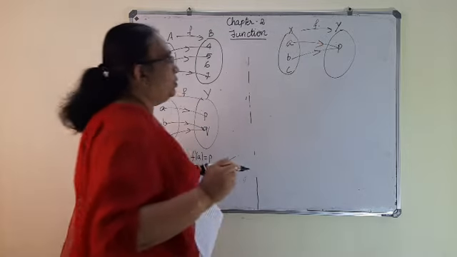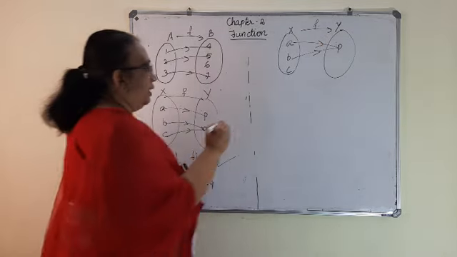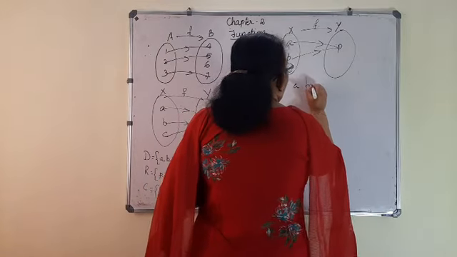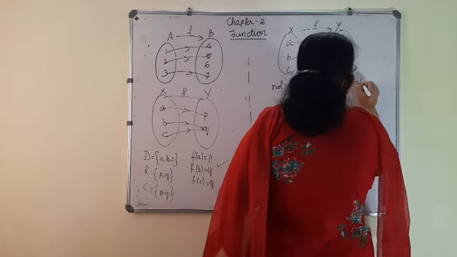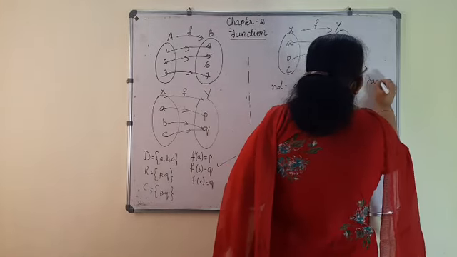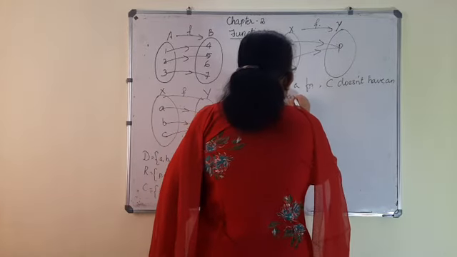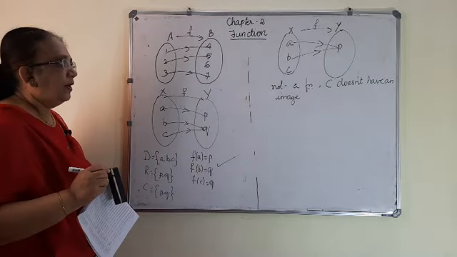Function from X to Y. Now we can say that f is not a function because C doesn't have an image. So it is not a function.